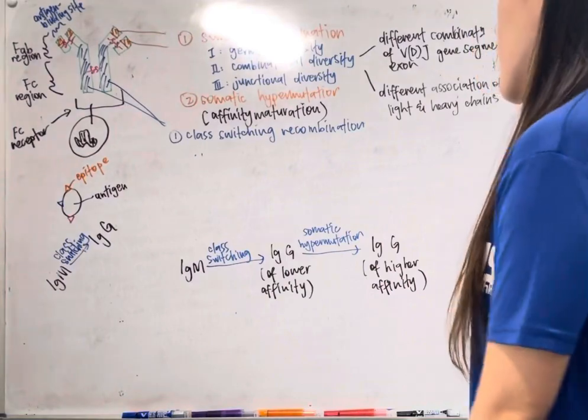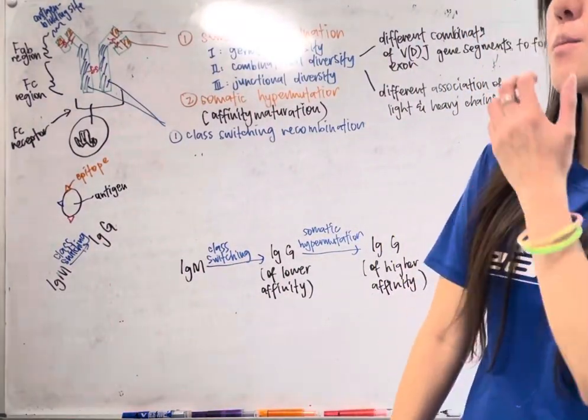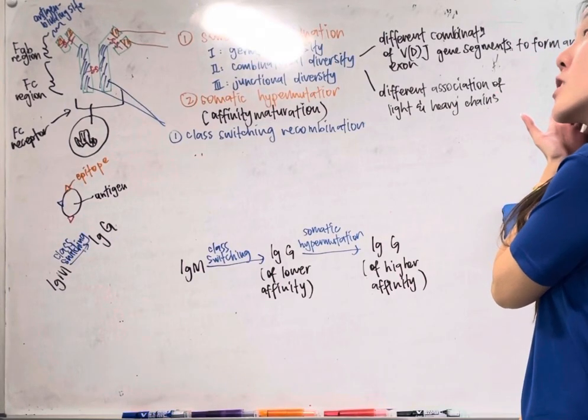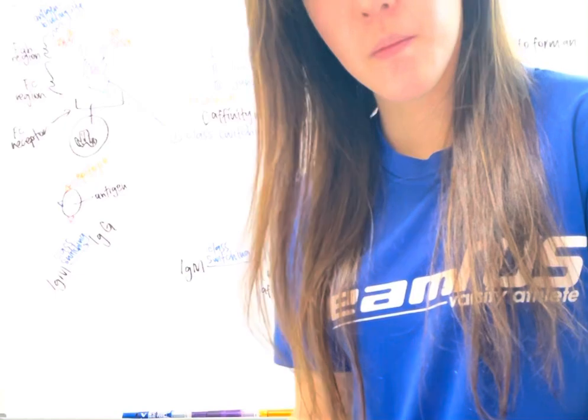Okay? Usually by the time it reaches the immunoglobulin G of higher affinity, or during affinity maturation, that is usually during your secondary immune response. Okay?